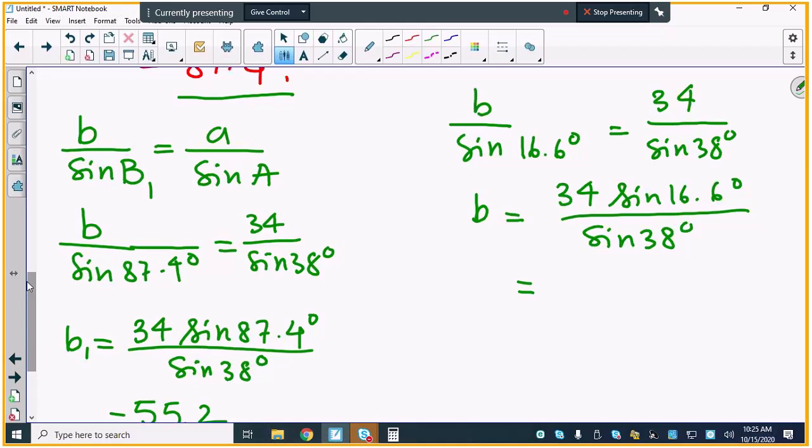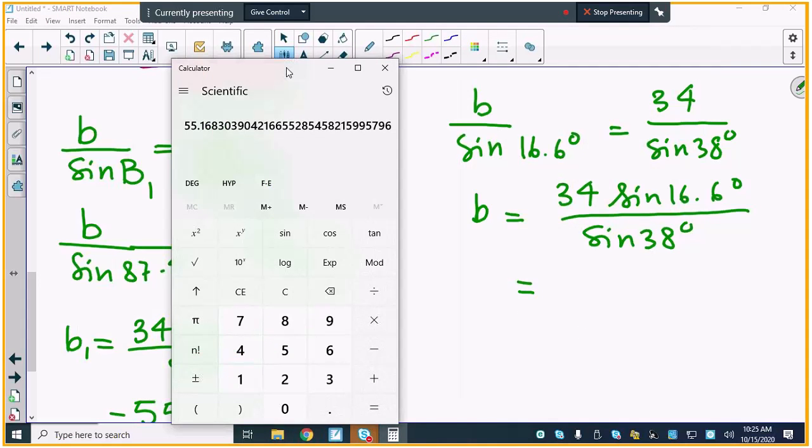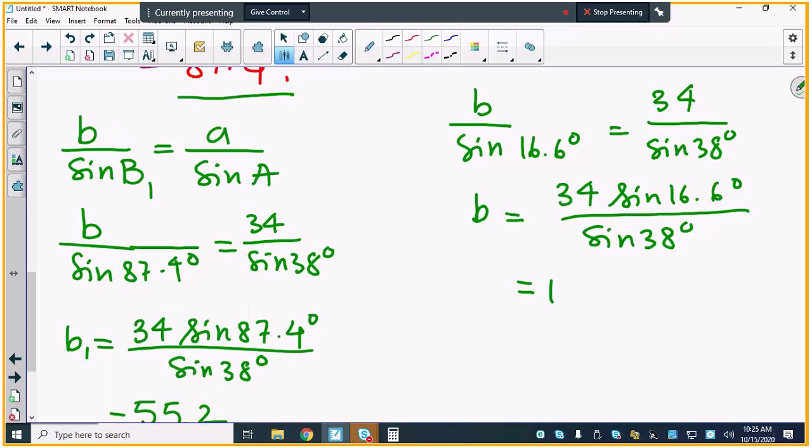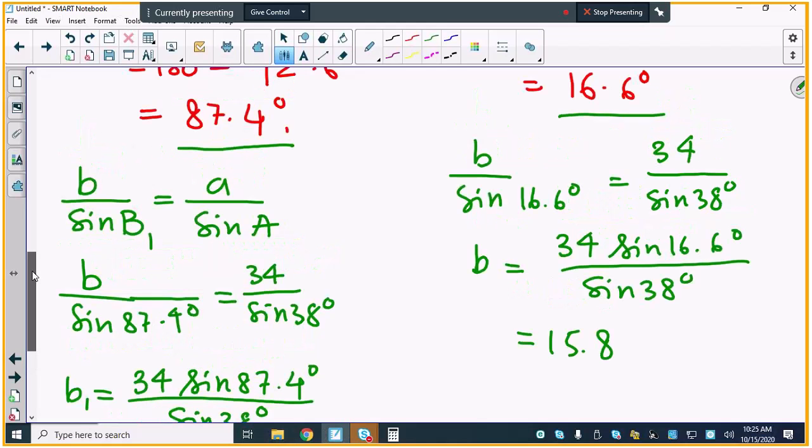And again, we calculate and round to 1 decimal place. So we take the sine ratio of 16.6 as the angle, multiply by 34, divide by 38's sine ratio, and round to 1 decimal place. So that's 15.8. And that has answered all the questions for me.